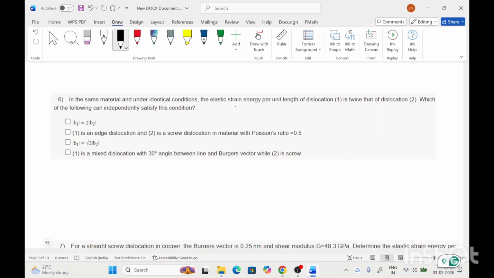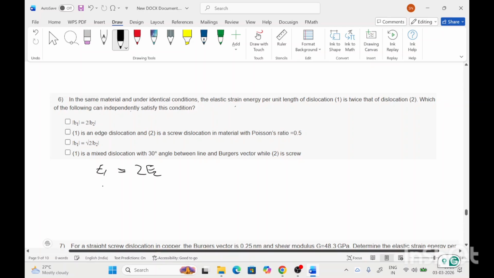We have solved that E1 equals twice E2, so V1 will be root 2 of V2. So option C is correct, and we also derived that the first dislocation is an edge dislocation and the second is a screw dislocation if Poisson's ratio is 0.5.